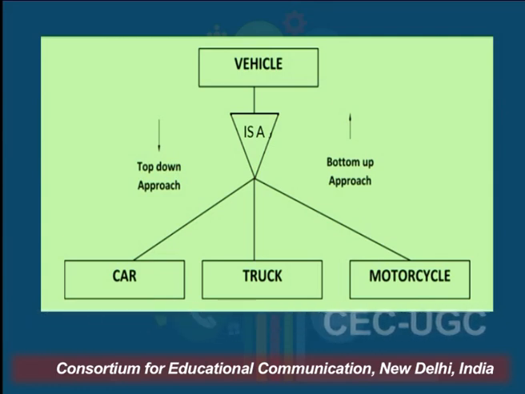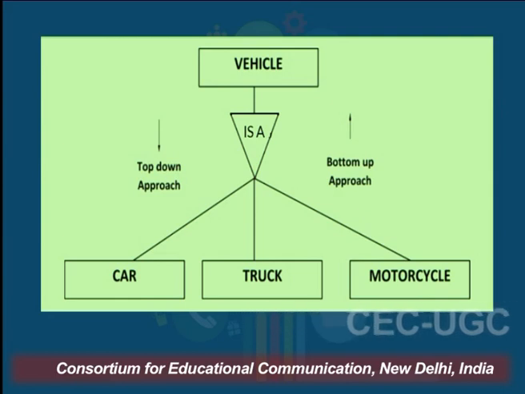Similarly, if we want to go towards generalization, it would be generalizing car, truck and motorcycle as vehicles, because all three are vehicles. That is going to be a bottom up approach, that is car, truck and motorcycle will be clubbed together and then combined to be called as a vehicle.